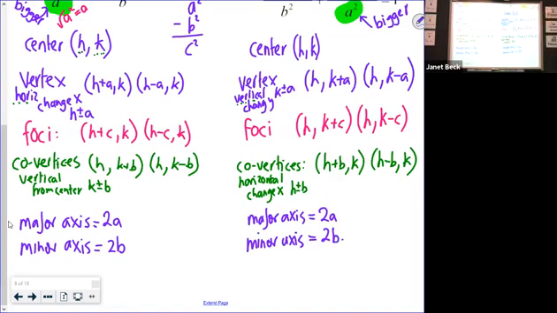Okay, so let's see if you can actually put those notes together. And let's see if you can graph one on your own now. Let me just check to see if you're asking any questions at this point.